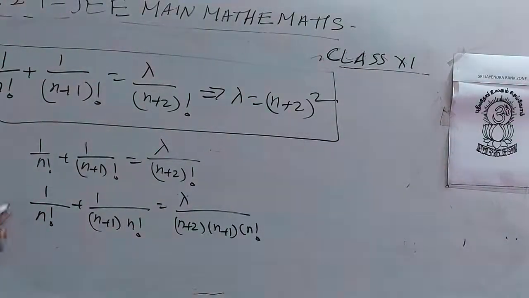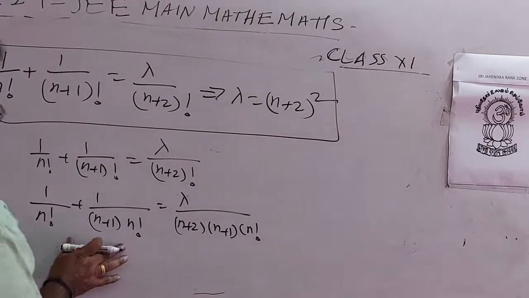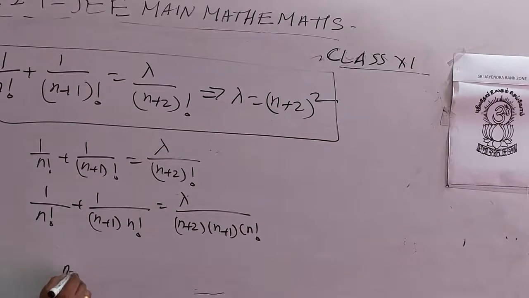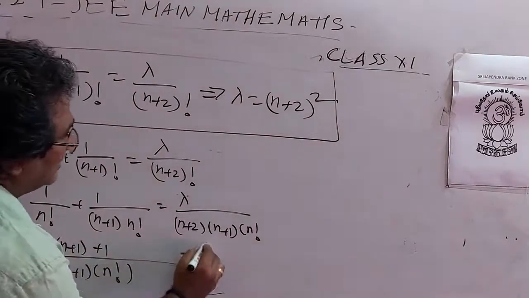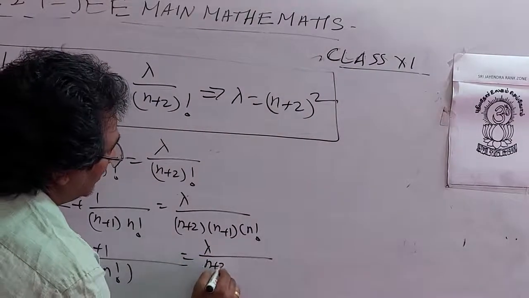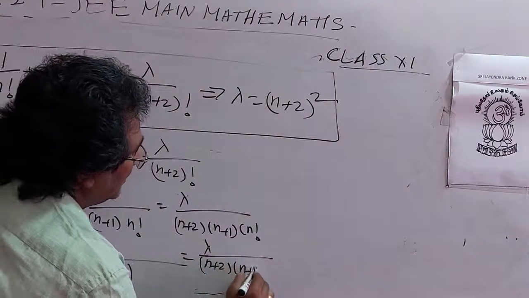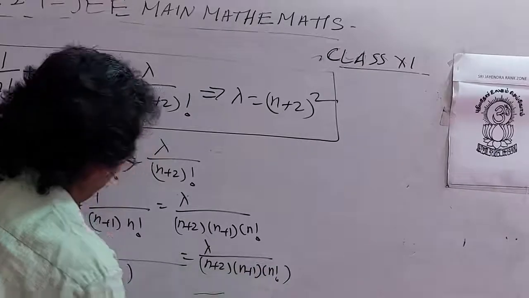Among these three numbers, n factorial is the lowest value. We convert all the values in terms of the lowest value. Then here you can take n plus 1 into n factorial as LCM. Here we have n plus 1 plus 1 equal to lambda by n plus 2 into n plus 1 into n factorial.